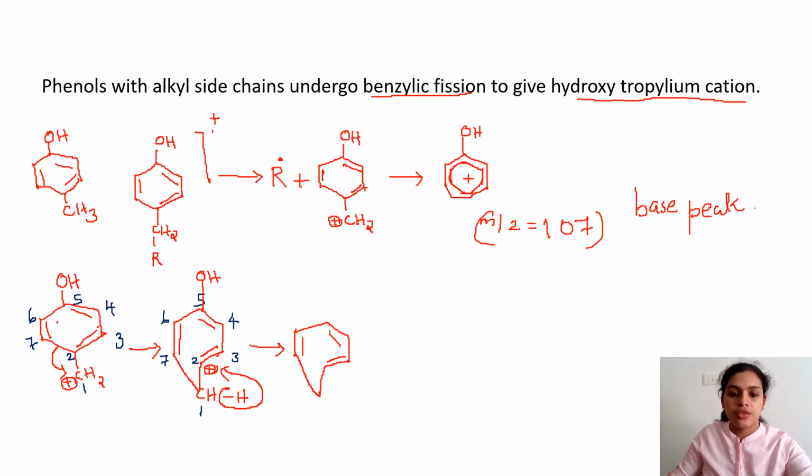And here the first carbon is the CH, and the positive charge is shifted again to the first carbon now. Okay, I'll number it once again: first, second, third, fourth, fifth, sixth and seventh, and finally this is equivalent to our hydroxy tropylium cation.